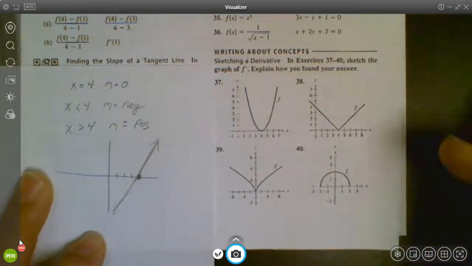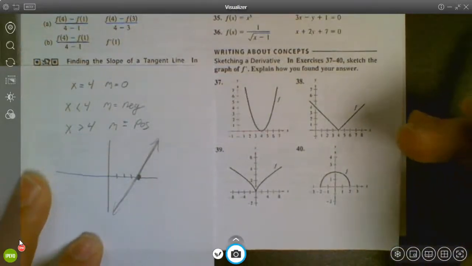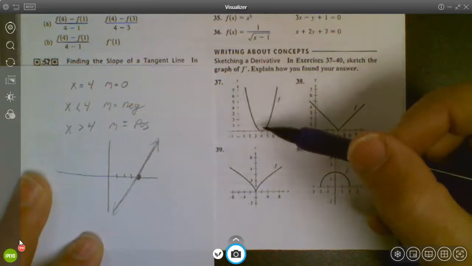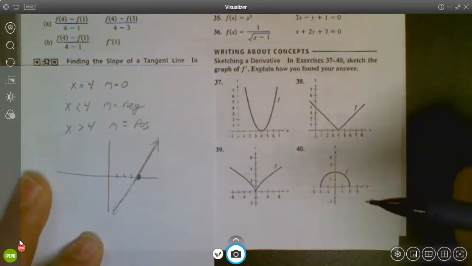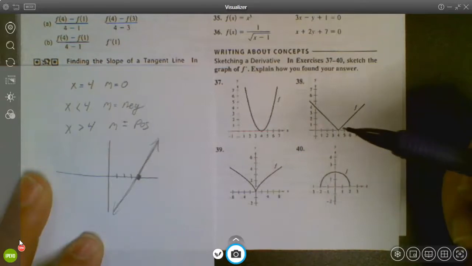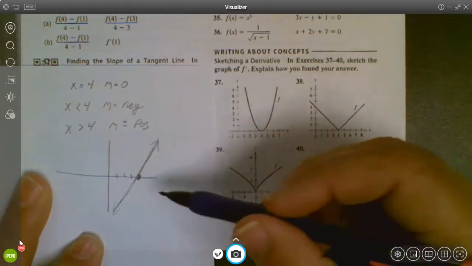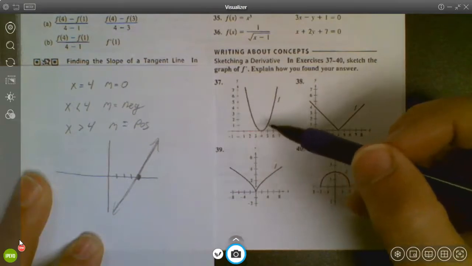Now, if you really think deeply on this, you can get some more details, right? So for example, this is a parabola. We know that the left side is symmetric to the right side, right? So just based on that idea, I know that the left side of this graph should mirror the right side of this graph, right?